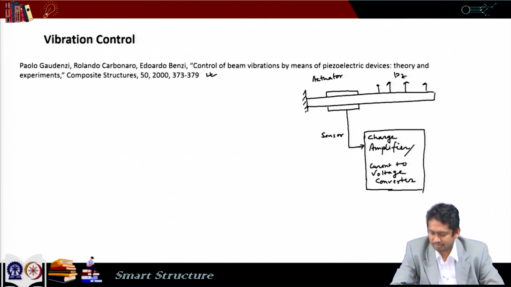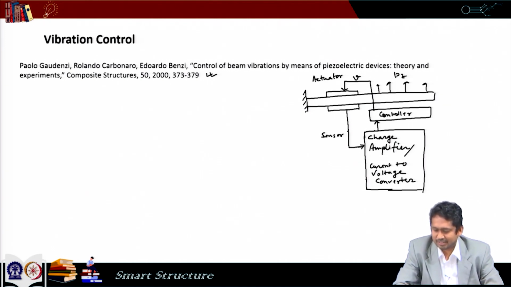Then from this the voltage output comes, and then it is multiplied by a gain. So, we can call it controller, and then finally, from there a feedback voltage is given here, which we may call V voltage.